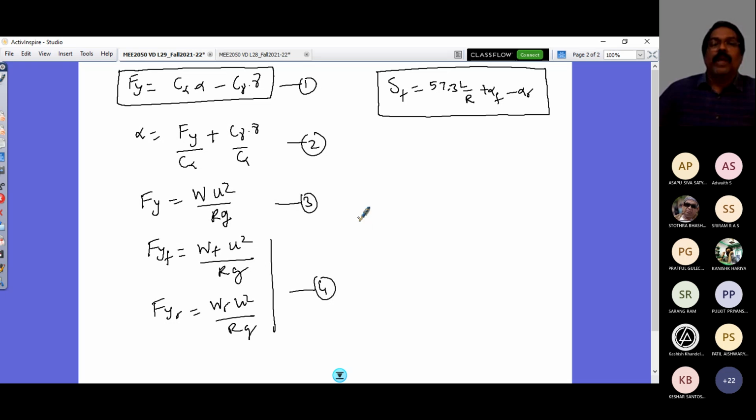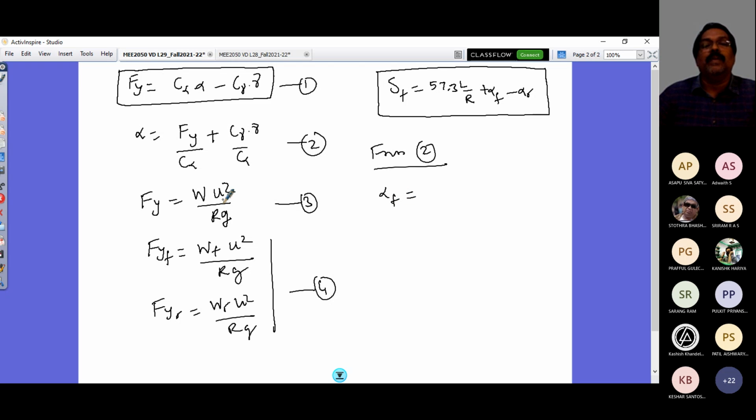So from equation 2, I can get the slip angle at the front axle wheel. You can assume a bicycle model now, where the tires are collapsed and you have one wheel.